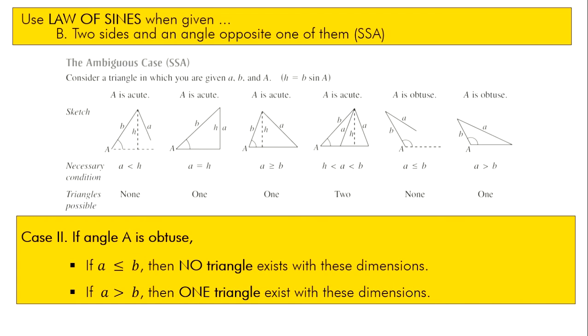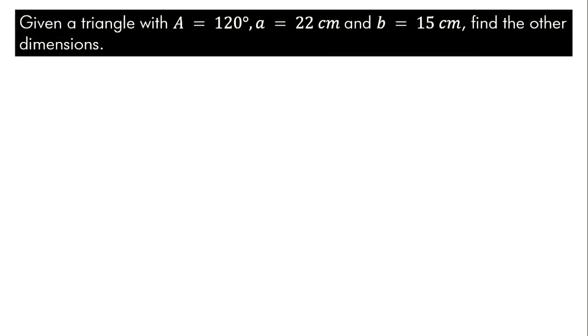For us to understand this, let's have an example. Given a triangle with A equal to 120 degrees, a equal to 22 centimeters, and b equal to 15 centimeters, find the other dimensions. Here we have angle A as 120 degrees, which is obtuse, right?